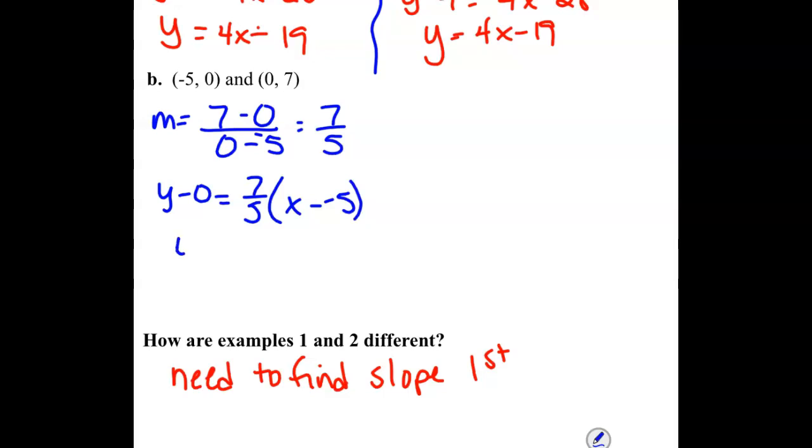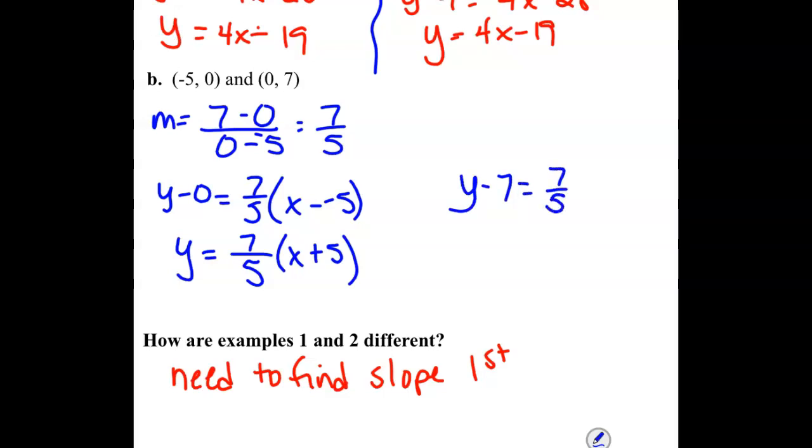We're just going to write that as a y. And this we would write as x plus 5. Okay, so that's one possible answer. The other possible answer would be y minus 7 equals 7/5 times x minus 0, which again, we would clean that up. Y minus 7 equals 7/5 times x. Okay? All right, so I left those in point slope form.